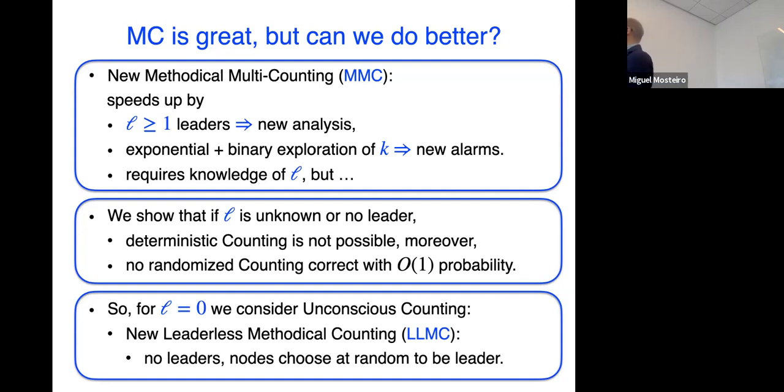We design an algorithm, we call it leaderless methodical counting, that doesn't have any leaders, but nodes may be updating the network size all the time until they reach the correct one. But they don't know that they reached the correct one, so they have to continue running the algorithm in the background. You run a distributed algorithm, you start computing the network size, and then you continue from there, hoping that the network size estimated so far is the correct one, but it may be updated later.